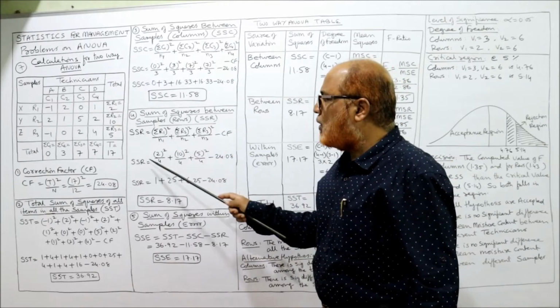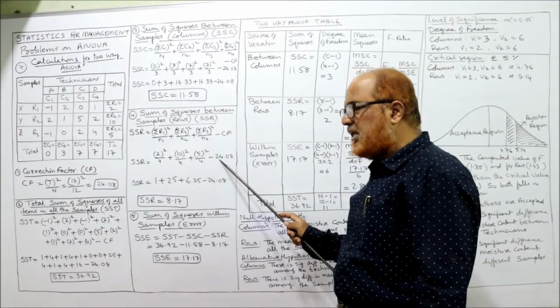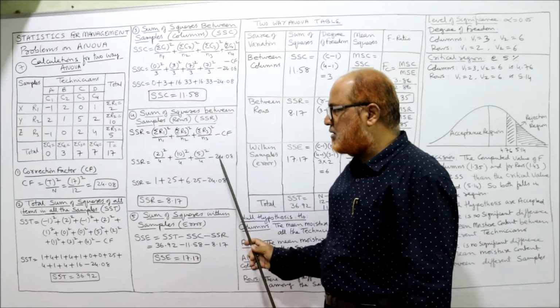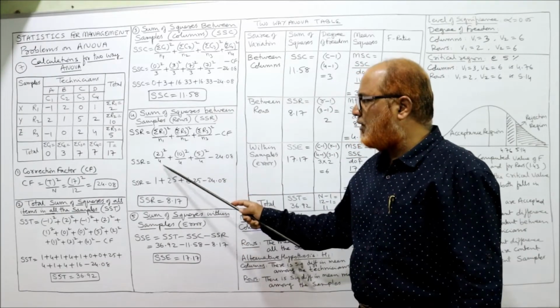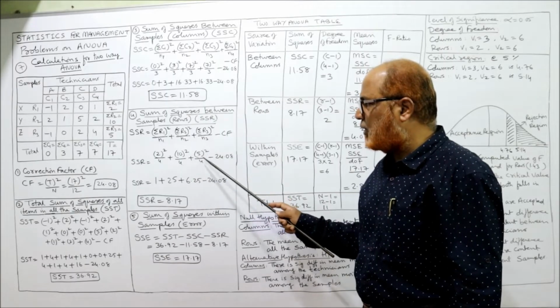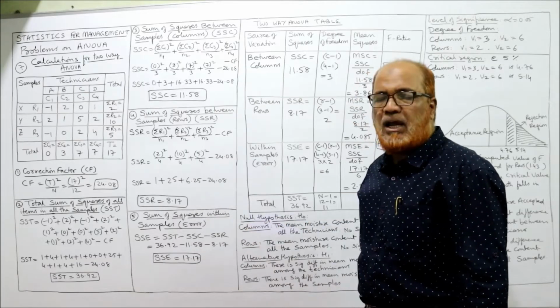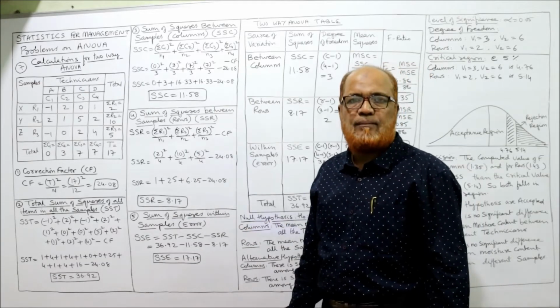So 2 whole square by 4, 10 whole square by 4, 5 whole square by 4, minus CF 24.08. 2 squared is 4 divided by 4 is 1, 10 squared is 100, 100 by 4 is 25, 5 squared is 25, 25 by 4 is 6.25. Minus 24.08, SSR is 8.17.